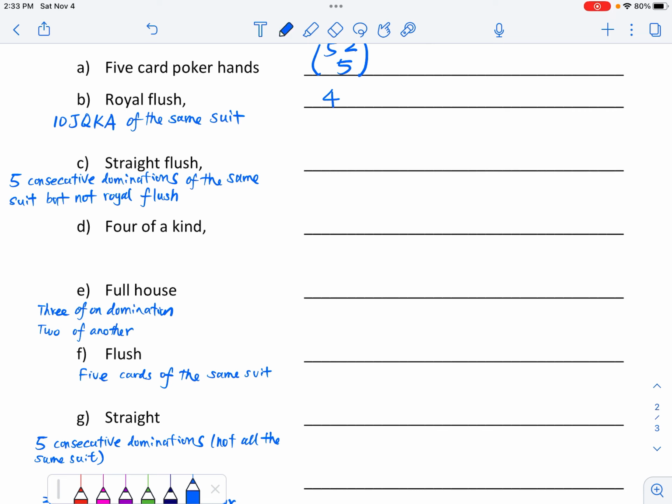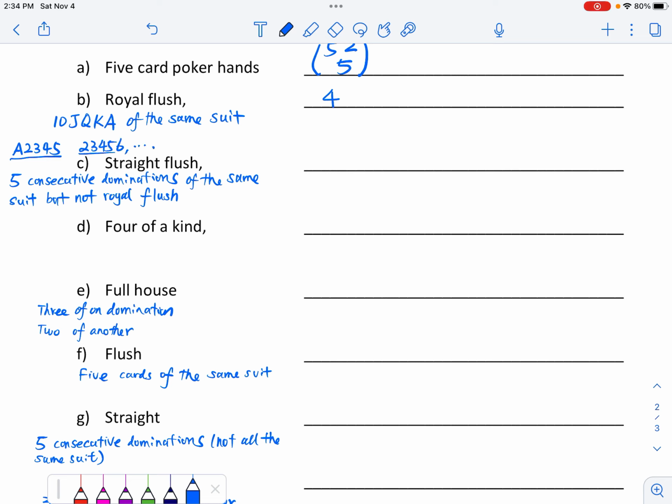Because it has to have 5 consecutive denominations, here are the possible combinations. When ace is low, the ace, 2, 3, 4, 5 is the first one that you can have. You can have 4 different suits, right? And the second one you could have is starting with 2, 2, 3, 4, 5, 6, and so on and so forth.